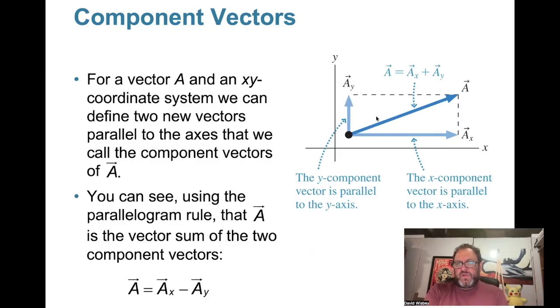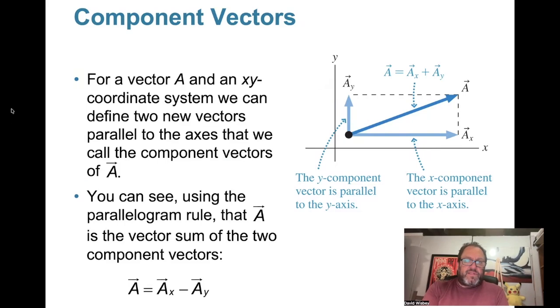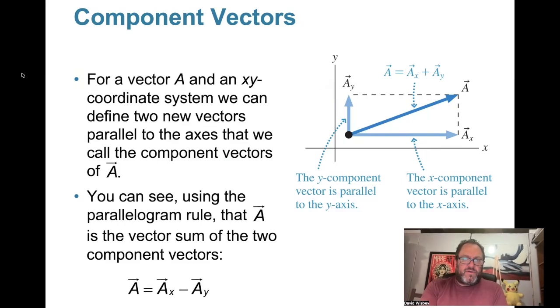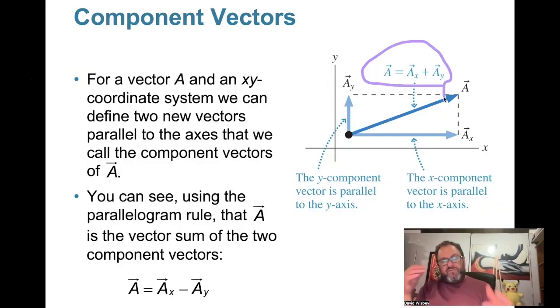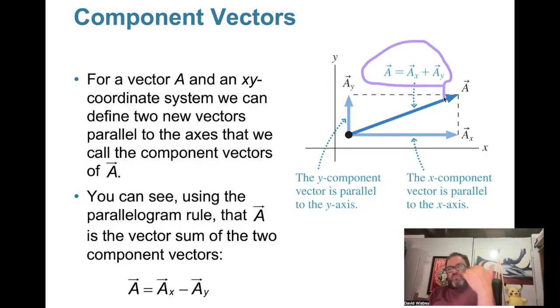So here's A. We have an x component and a y component. This is really important, so let me circle this part right here. This is how you can break down a vector into its components. We could rewrite A as an x component and a y component.